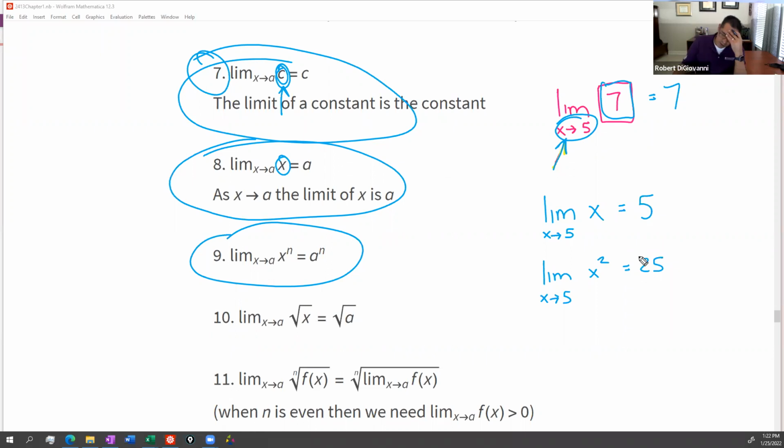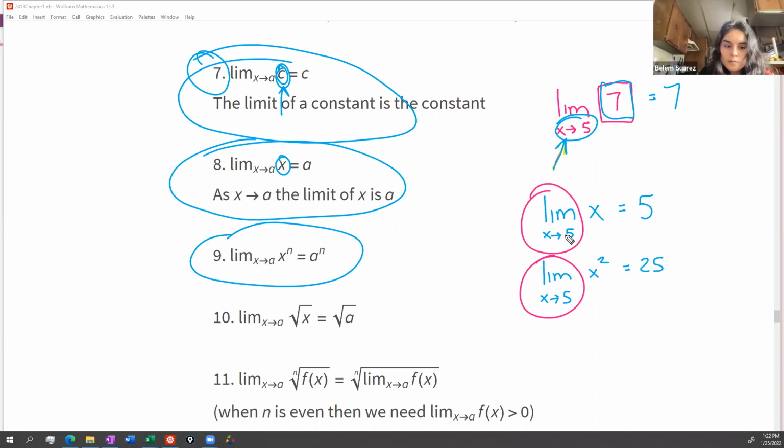Now, there's something you have to really keep in mind here, and don't lose sight of this. When we are doing limits, am I saying that x is equal to 5, that x is actually ever going to be 5? No, it's approaching, getting close to. And we talked about this in the very first class where we were talking about closeness. Are we close to one another compared to the sun, blah, blah, blah.